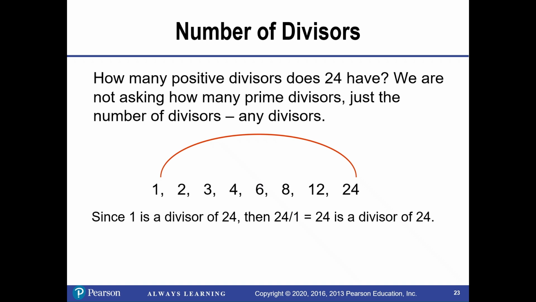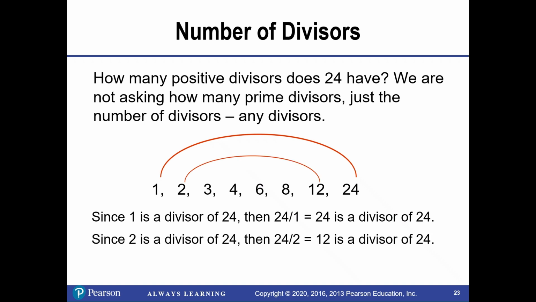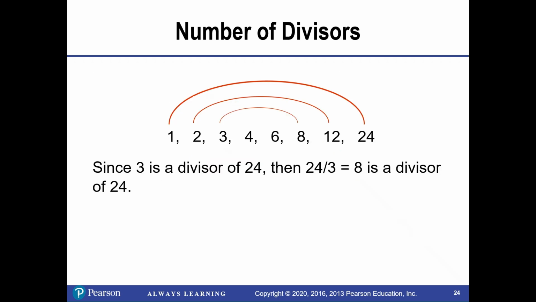Something you should notice about these divisors is that they pair up because 1 times 24 gives us 24. So since 1 is a divisor of 24, 24 is also a divisor of 24. Since 2 is a divisor of 24, 24 divided by 2, or 12, is a divisor of 24, because 2 times 12 is 24.